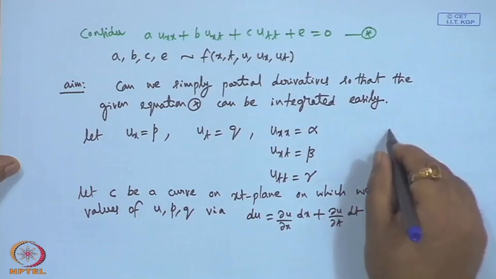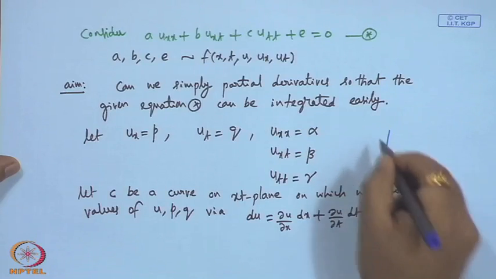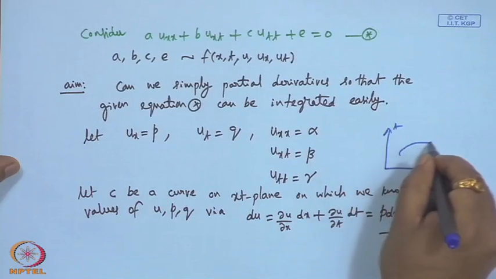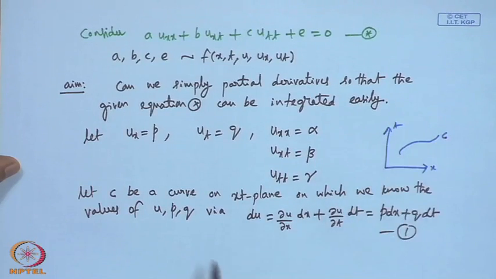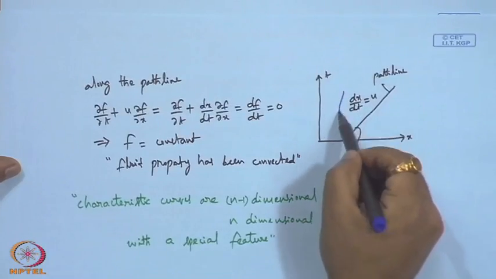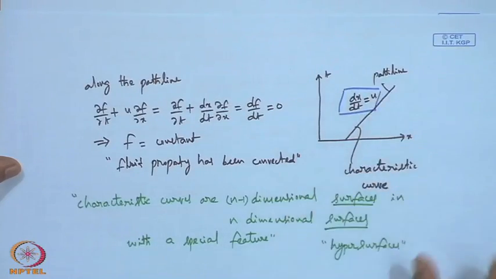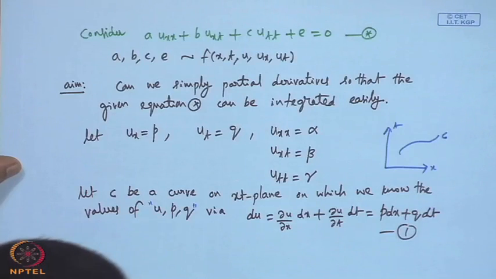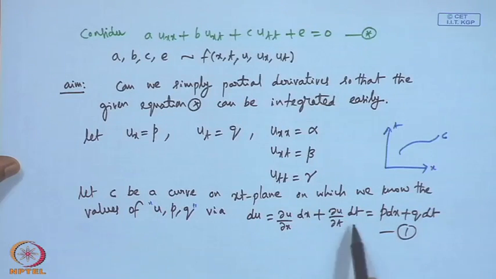Okay. So, this is x, this is t. So, this is any curve on which we know u, p and q via this relation. So, this is in analogy to the one dimensional case. Okay. So, on this curve, let us say we know via this relation, right.